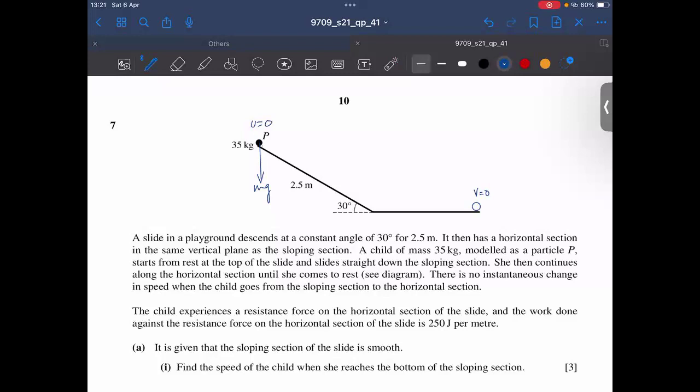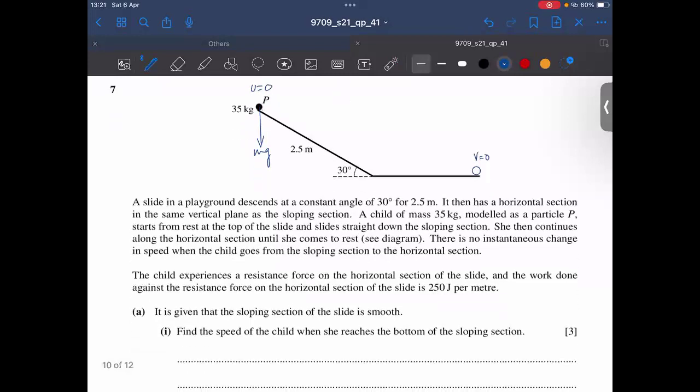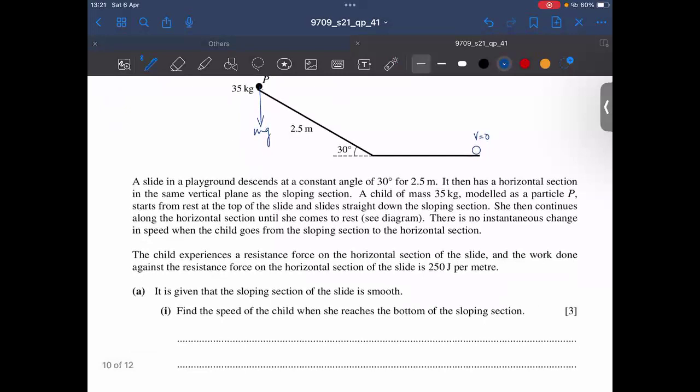The work done against the resistance force on the horizontal section is 250 joules per meter. It is given that the sloping section of the slide is smooth. Now this surface is smooth, this is rough. And the work done against friction on this surface is 250 joules per meter. Not the total work done, because we don't know how far the particle travels along the horizontal section. So we've been given that per meter work done against friction is 250 joules.